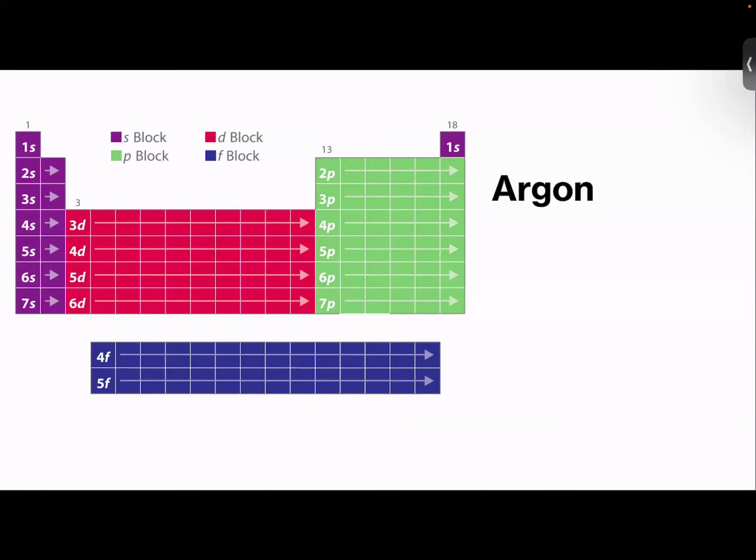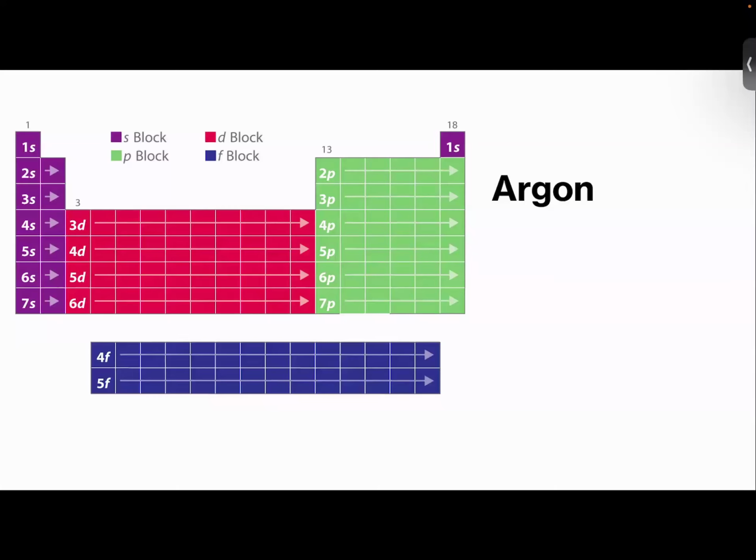Most of the time, you're not going to have the energy diagram that I've been giving you. You have to be able to determine things directly from the periodic table because you're given the periodic table on every exam. So you have to know this breakdown.